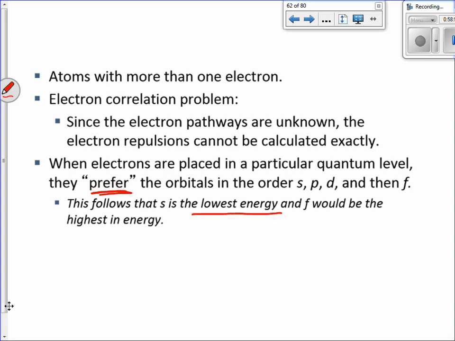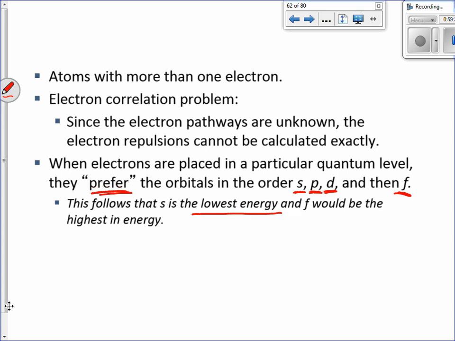So that's following the Aufbau principle, starting at the bottom and working your way up. But we know this is the case: S's will fill before P's, before D's, and before F's. So that is the particular order that they're going to follow when they're filling in their possible energy levels, sublevels, and orbitals.